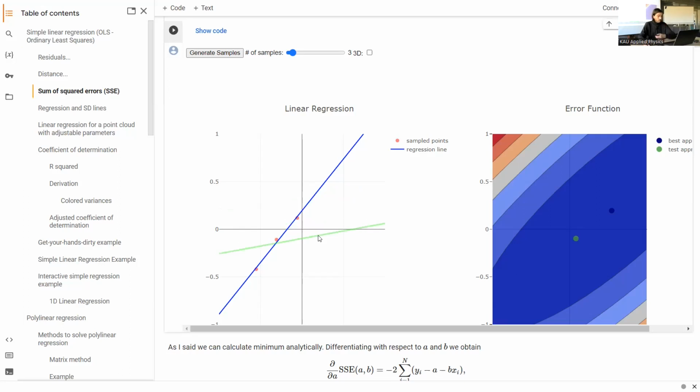So I'm taking the parameters of this line, plugging them into all those formulae, and at the end of the day I get some value for the error, for the SSE. And I am putting this point here. Here is the real minimum of that function. So our minimization method is basically trying to get to that true minimum by changing parameters of the line.